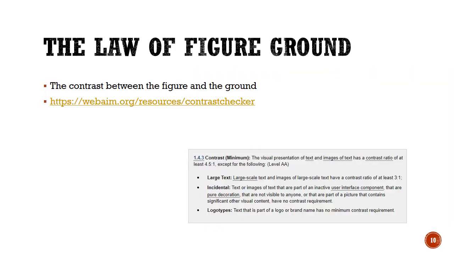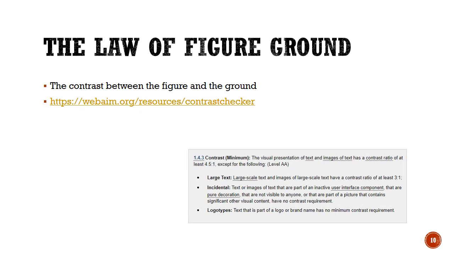So we see that the use of contrast is important to differentiate between the figure and the ground. And you see in the link where you can read more about the guidelines of using colors to give good contrast. The contrast level can be different when we decide color for large text, incidental text, or logotypes.